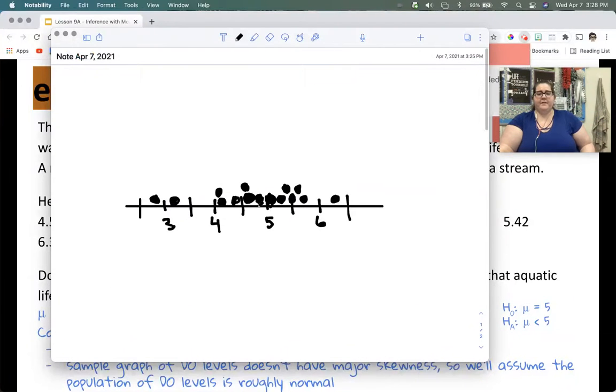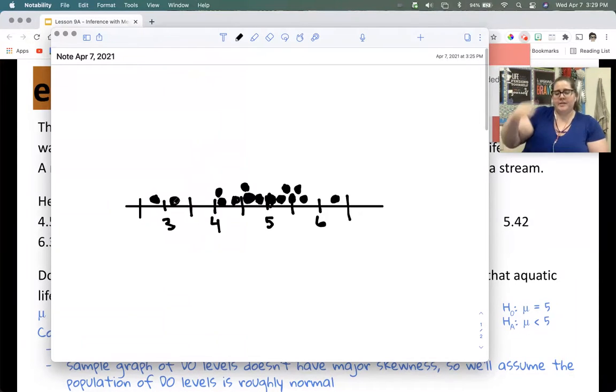All right, so here is my finished dot plot. It's not pretty, it's not perfect, but again, what I'm looking for is obvious or major skew, and I'm looking for just a hint that our population might be normal. So again, for this one, I don't see any major obvious skewness. It's a little bit more obvious because we can see individual dots, right? How spread out things are.